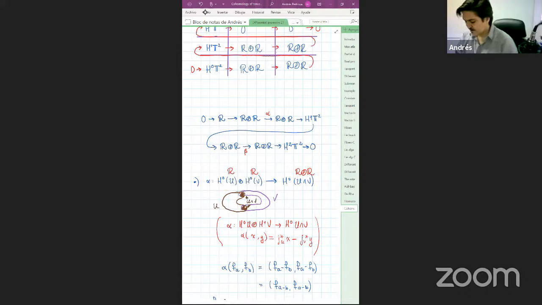Okay. So what you should take from this, since you know alpha now, what can you say about the image of alpha? Alpha is a linear map. The image has to be a linear subspace. What can you say about that linear subspace? What is the dimension of the image of alpha?